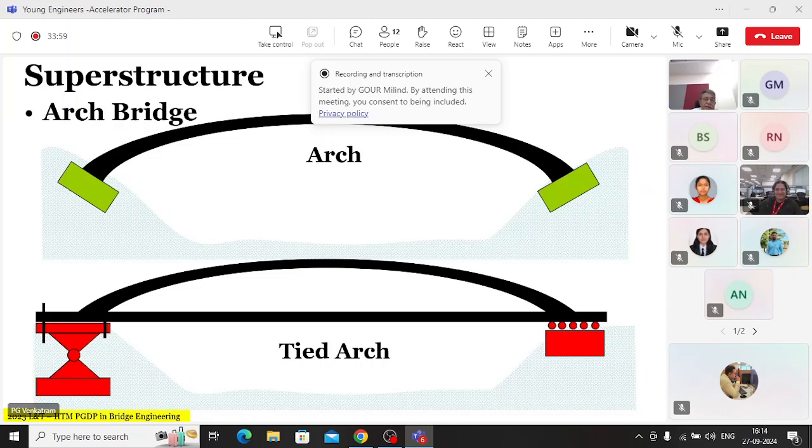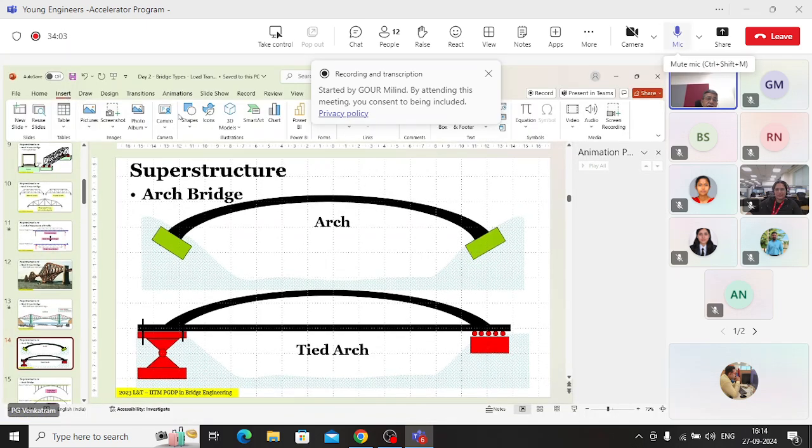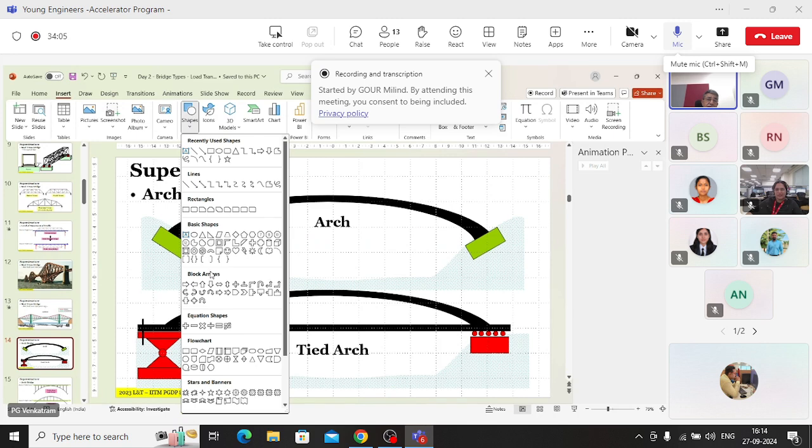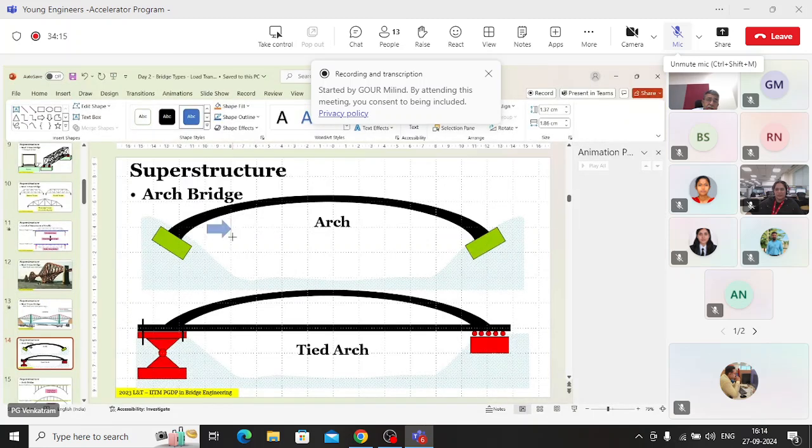Okay, I will do a small construct here if it helps you understand. This is the orientation of the force, correct?